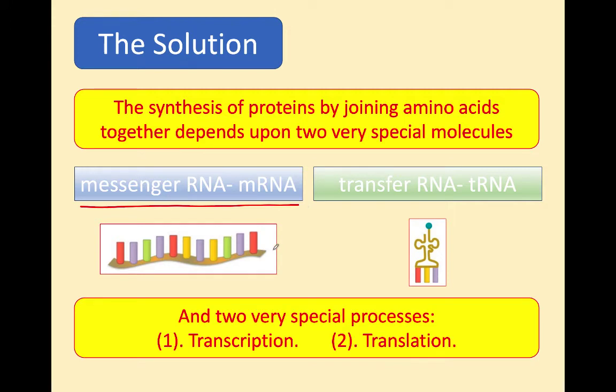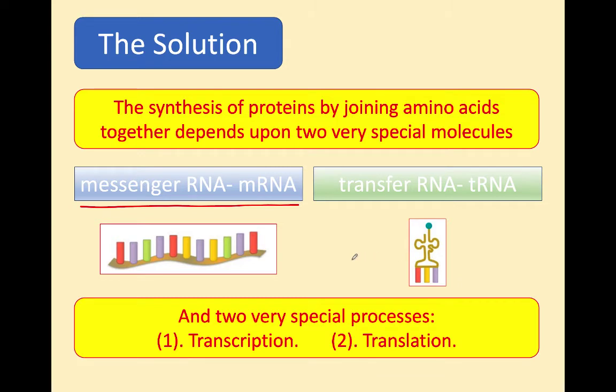Also, we've got a second very special molecule called transfer RNA, or transfer ribonucleic acid. And again, that too is a single strand, but it's been twisted. Some people liken this to a hair grip. And at the bottom here are very important binding places.